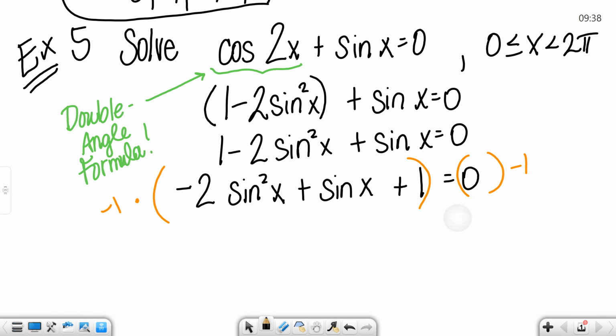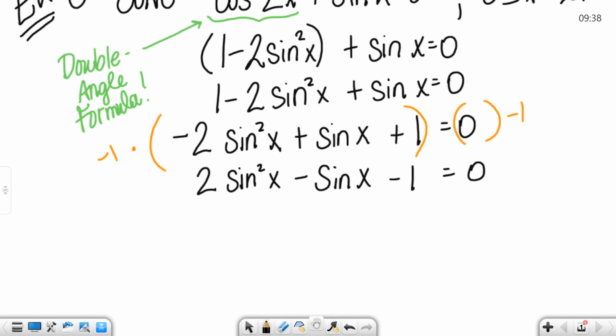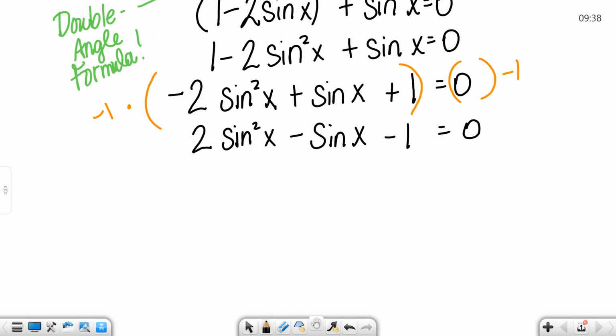Because I don't like that first term to be negative when I get ready to factor. So positive 2 sine squared x minus the sine of x minus 1 is still just 0. All right, now I'm ready to factor. Again, if you have questions on factoring, please let me know.